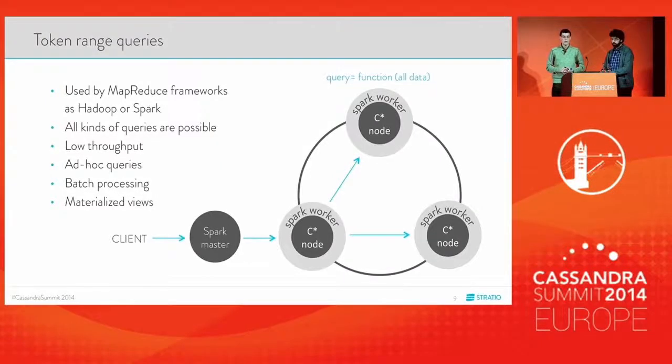The Spark workers are collocated within the Cassandra nodes, so you can exploit data locality. Data locality is achieved by finding out which is the split, which is the token range that you can query in a particular node, and then you extract data based on that notion. This is especially nice for queries when you want to explore your data and analyze different aspects of your data.